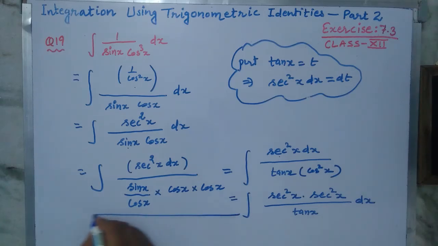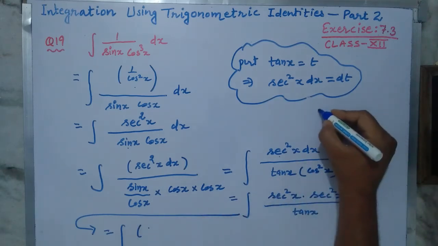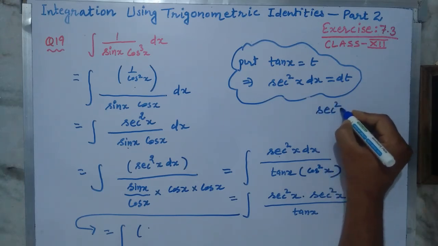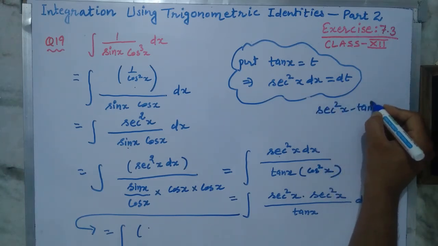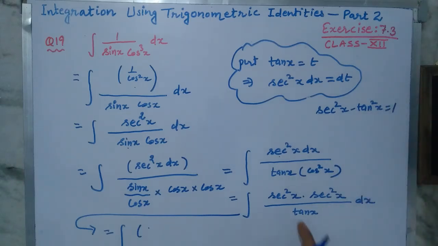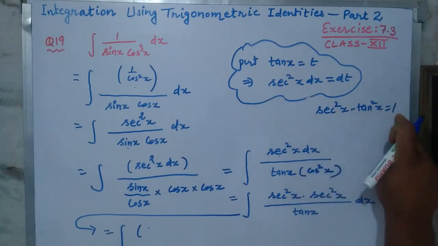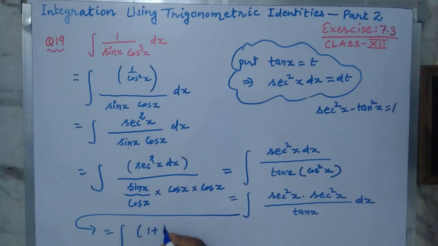Before that, we write this equal to secant square x again, which is equal to 1 plus tan square x, because we follow this rule: secant square x minus tangent square x is equal to 1. So simply secant square x is equal to 1 plus tan square x, into secant square x into dx whole divide tangent of x.